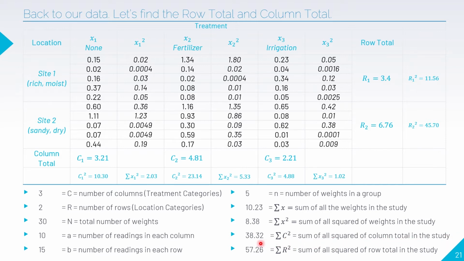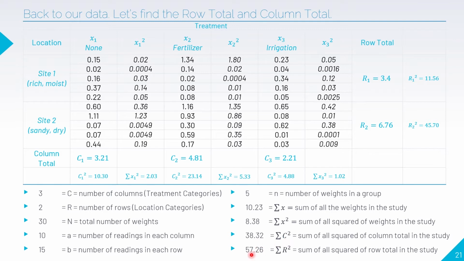So, we need to square this one, and square this one. So, squared of this 3.21, we have 10.30. Add this in our second column, 23.15 plus 4.88, and we have 38.32 as our summation of C squared.